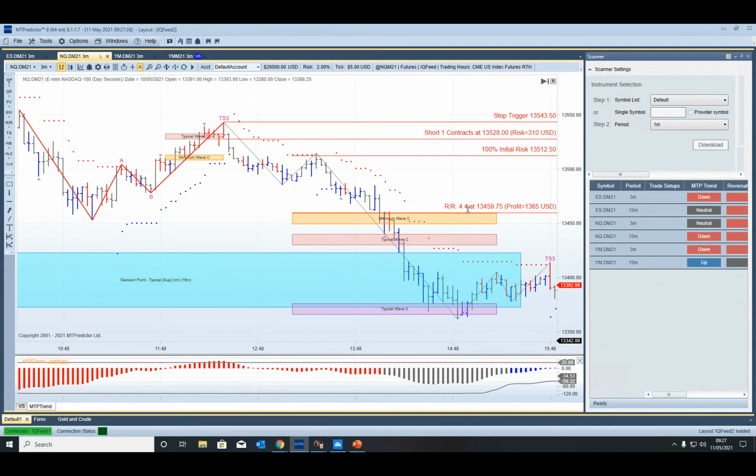This is why the whole thing about MT Predictor and any professional trader as well is that they don't worry quite so much about having a high percentage of winners, which again, most amateur traders seem to go after. They think if I can make 60% winners, I'm going to be a billionaire. But what they don't understand is what you have to do is you have to keep the losses small first and foremost.